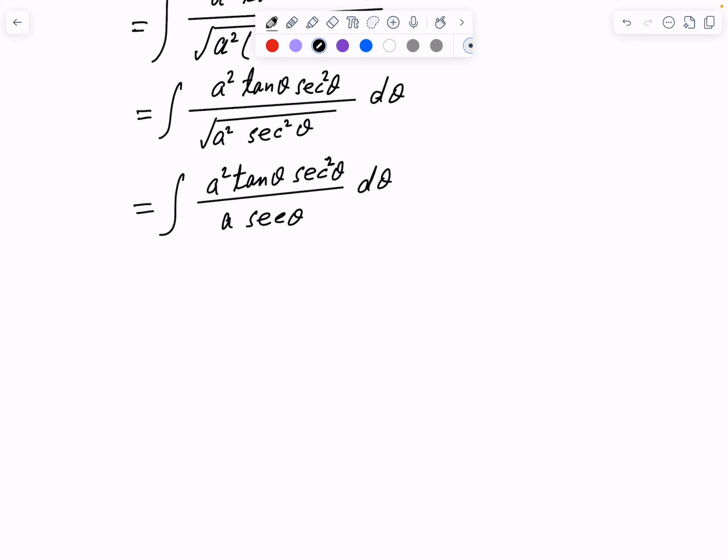We cancel the secant squared upstairs with the secant theta downstairs, and then a squared with a.